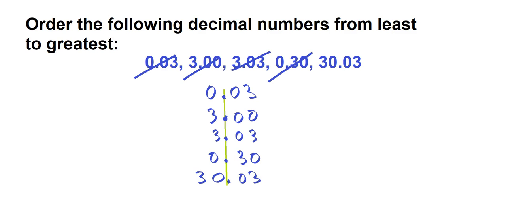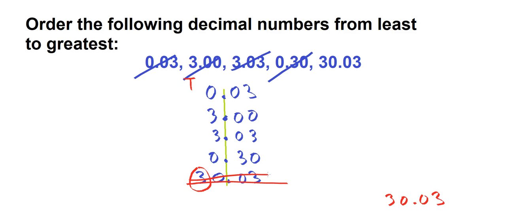Okay, so this will now help me with my decision making. I'm going to go from the least to the greatest, so I'll start with the greatest because it's a bit easier, and on this basis I start in the tens column and look down it. There's only one number with a digit in the tens column, and that's 30.03, so I know that 30.03 is the largest.